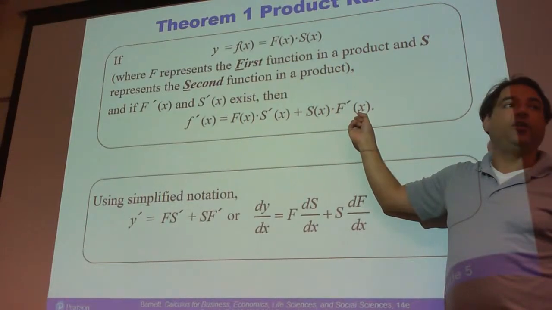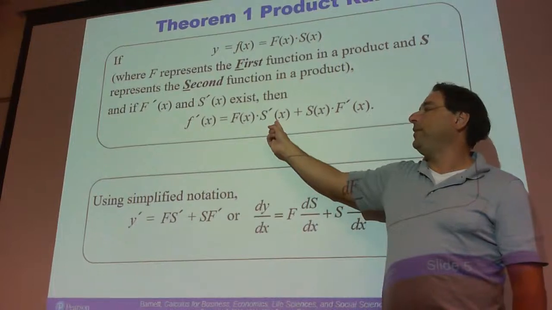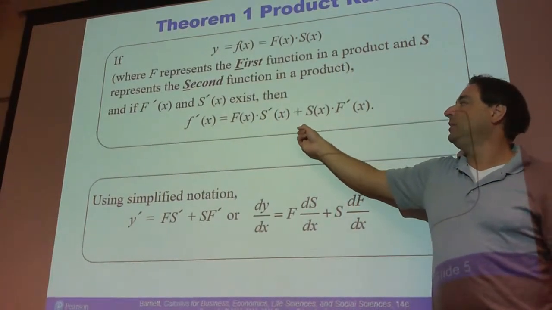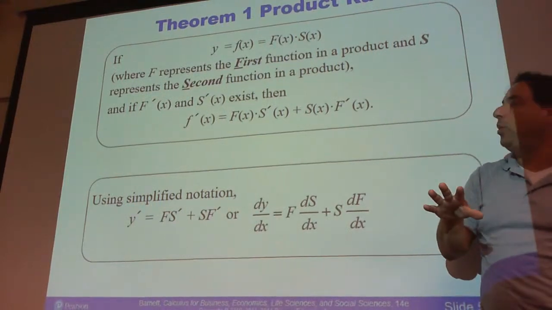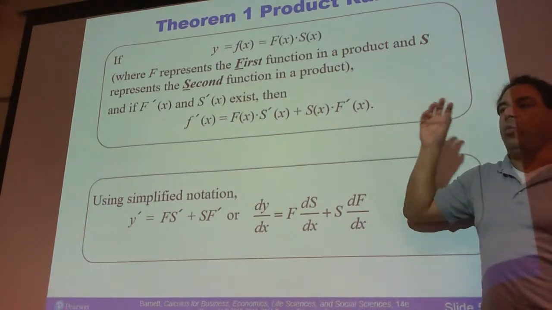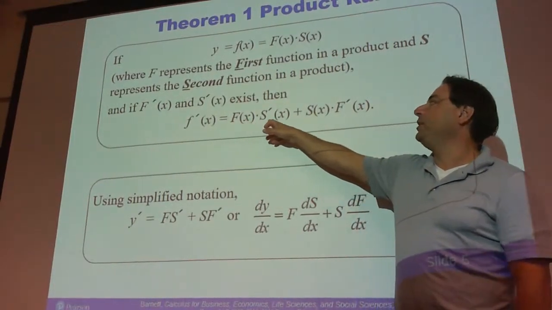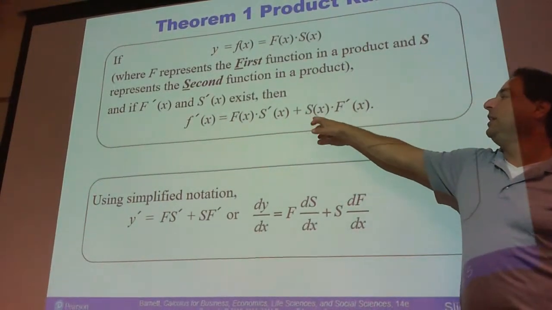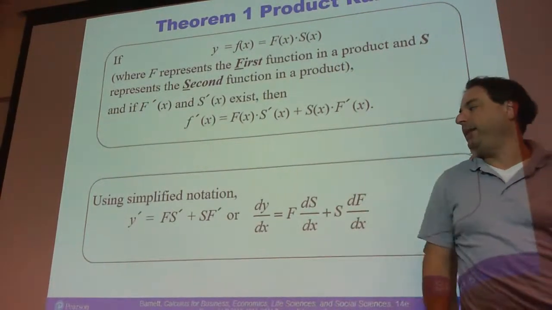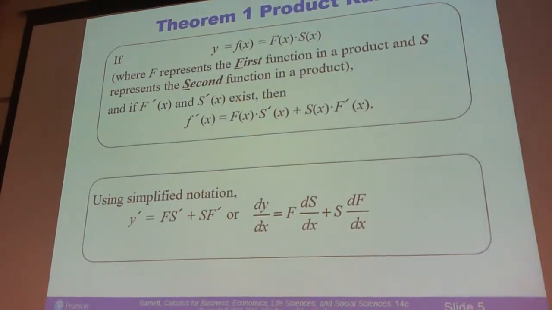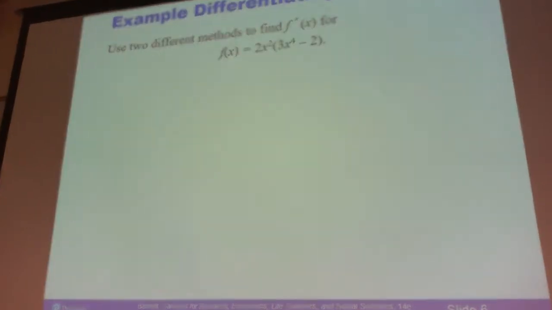The derivative of the first one. So think of it this way. First one, rewrite it, derivative of the second, plus leave the second one alone, derivative of the first. And we'll do a bunch of these, don't worry. But that's the formula. And this is another way to write it here. Okay? So I got to prove to you that it works, and we're going to do it.